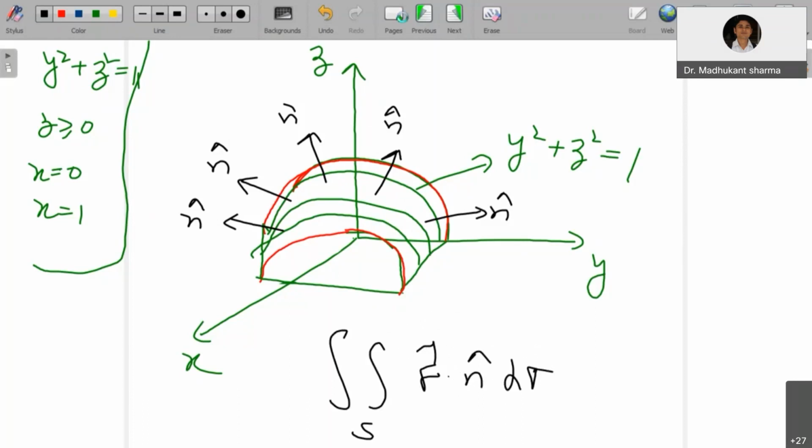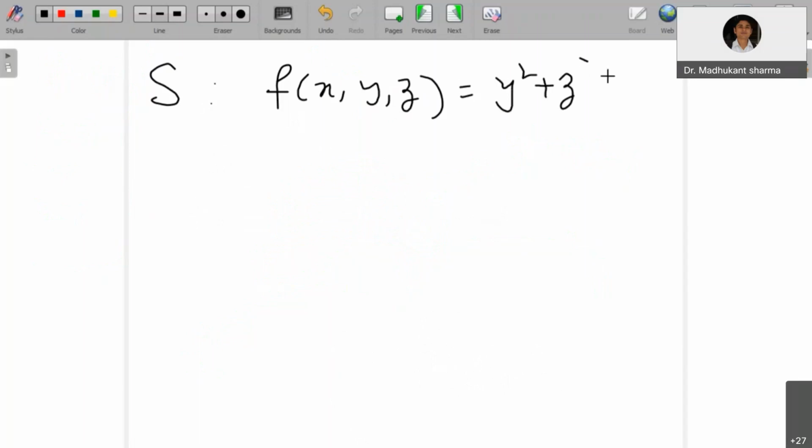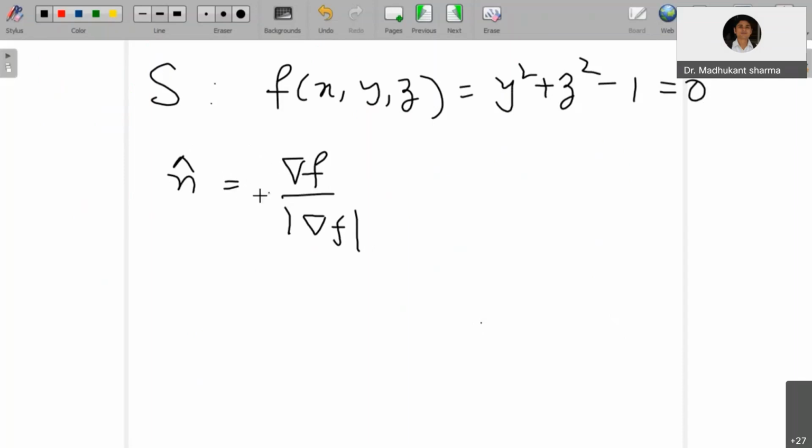So how will you evaluate that? Now, S is a surface given by f of x, y, z equals y square plus z square minus 1 equals 0. So the unit outward normal n cap is nothing but grad f divided by mod grad f. So plus and minus: plus will give you the unit outward normal and minus will give you the unit inward normal.